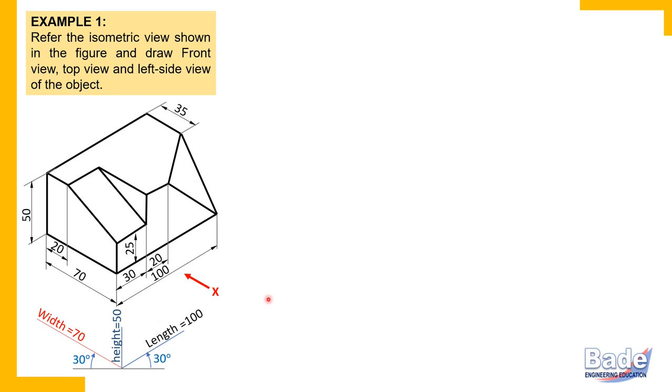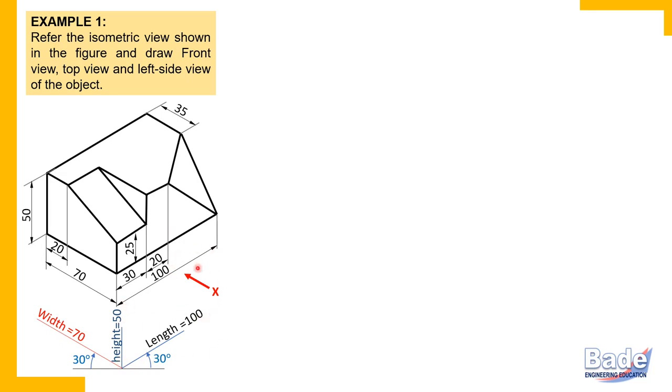So remember once again, when a three-dimensional object, pictorial view or isometric view is in front of you, and you wish to draw its orthographic views, what are you going to do? Decide the length, width and height axis.